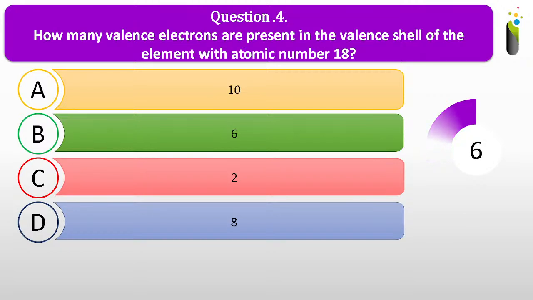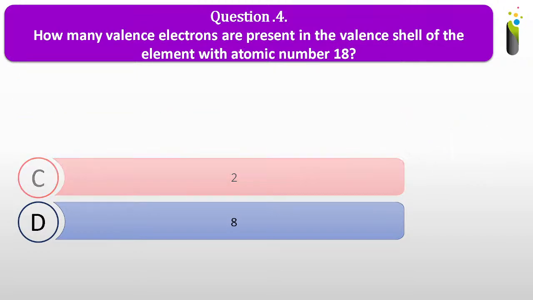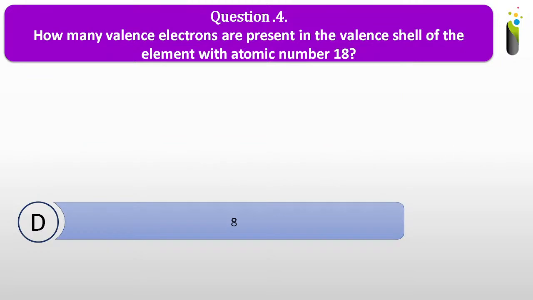So what should be the answer for question number 4? How many valence electrons are present in the valence shell of the element with atomic number 18? And it would be 8.